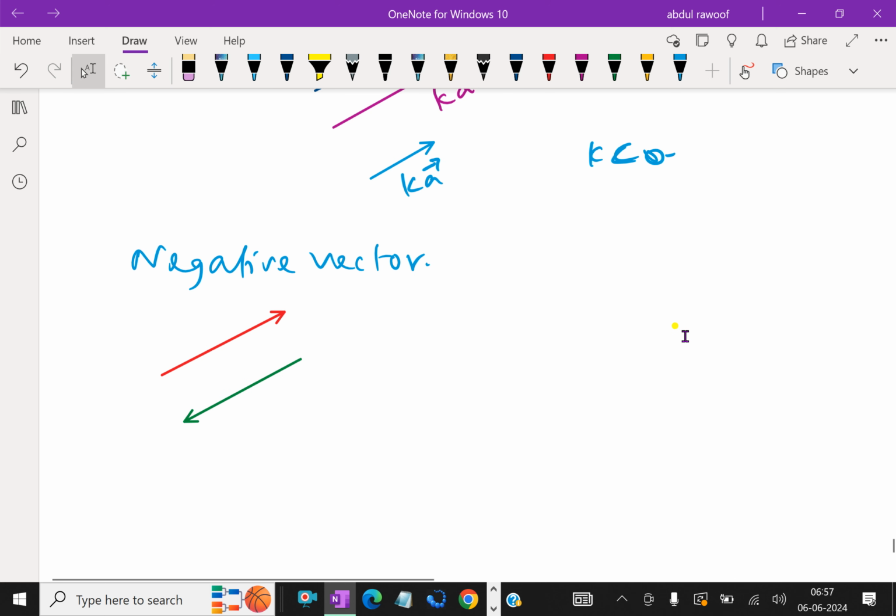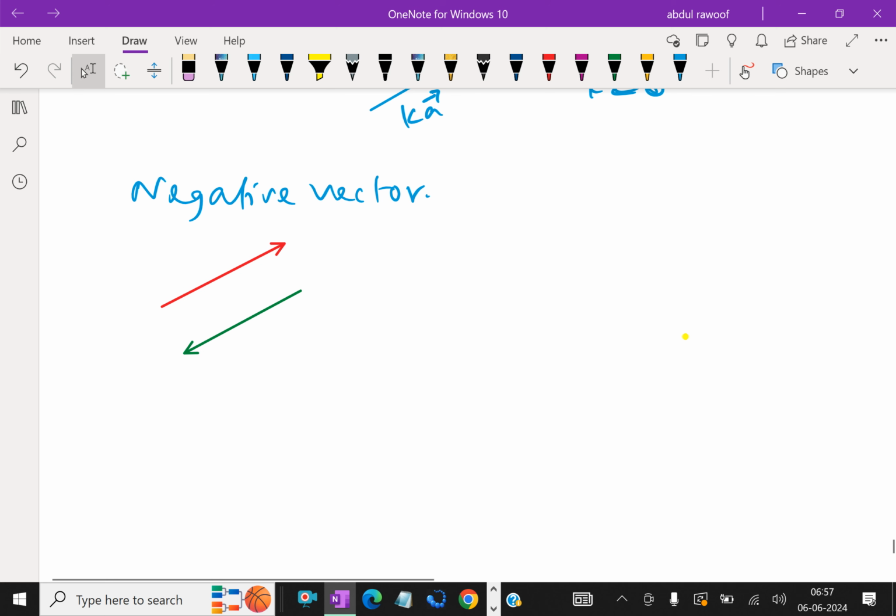These are two vectors given with different directions. This vector is the x vector, and this must be the negative x vector. The size is the same but the direction is opposite. Equal vectors means two vectors having the same magnitude and the same direction. We know that.